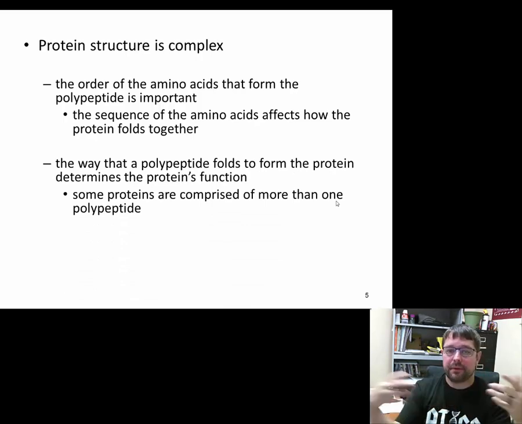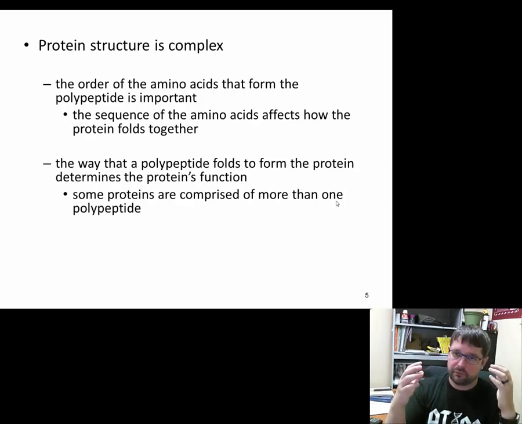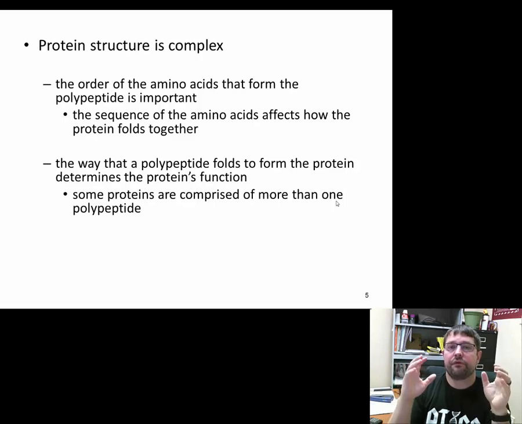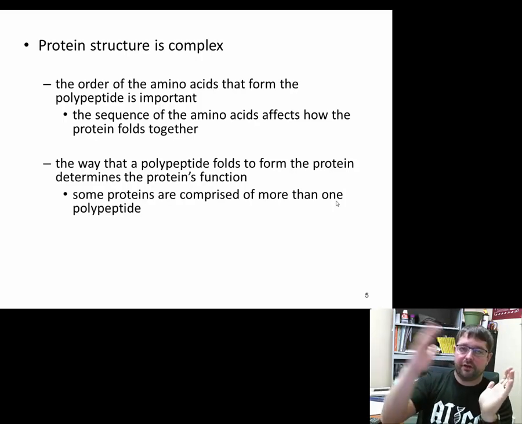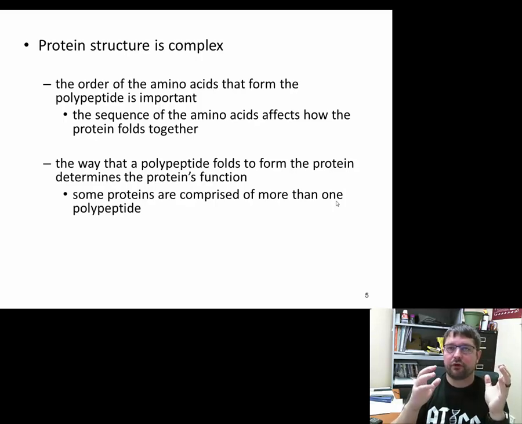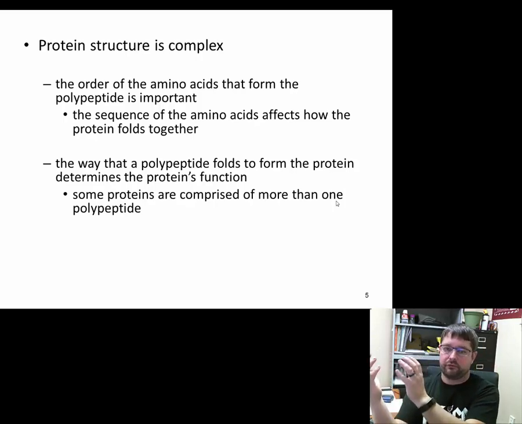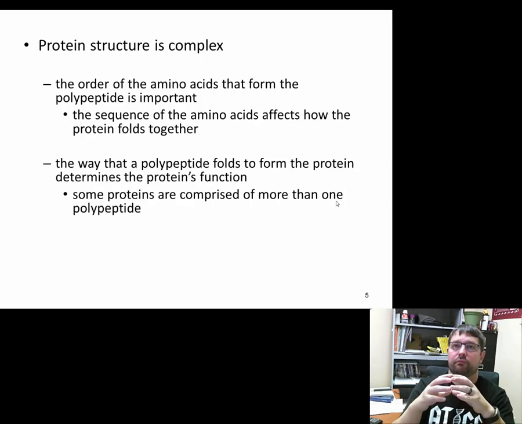So polypeptides, these long amino acid chains, will fold over on each other to determine the protein's function or shape. And we know enough now that a lot of proteins, after the initial folding process, will also combine with other proteins to make a much larger protein.